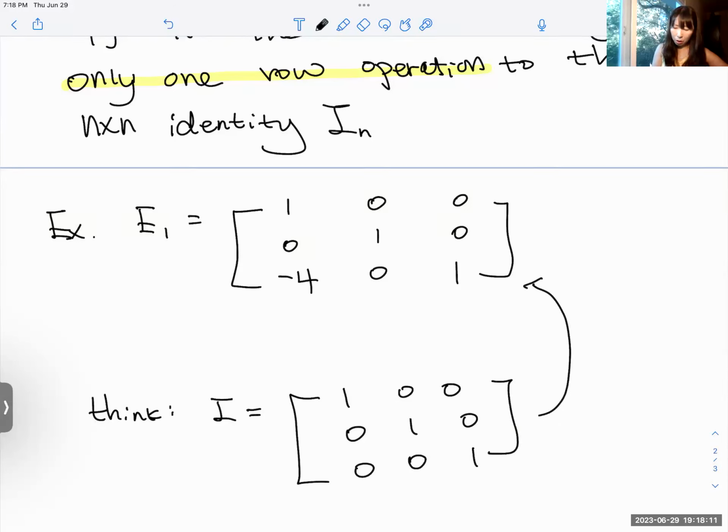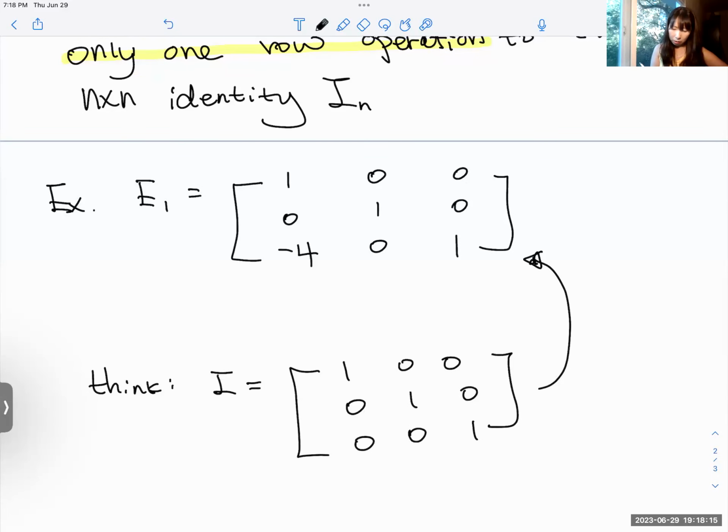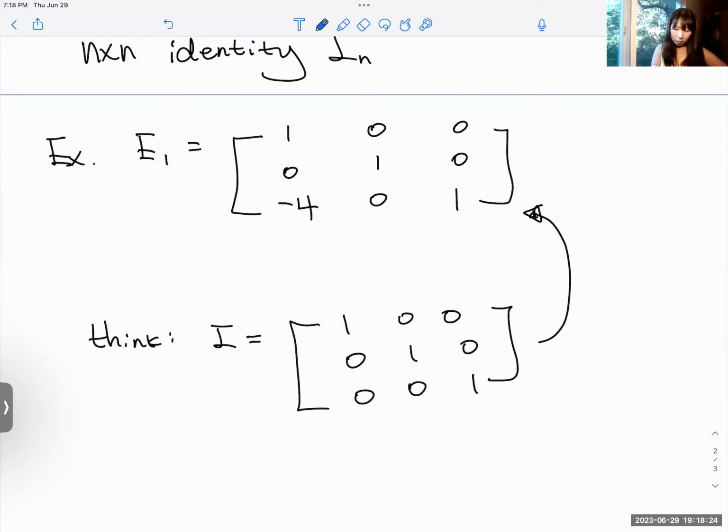So we think backwards, right? We multiply negative 4, add to row 3.